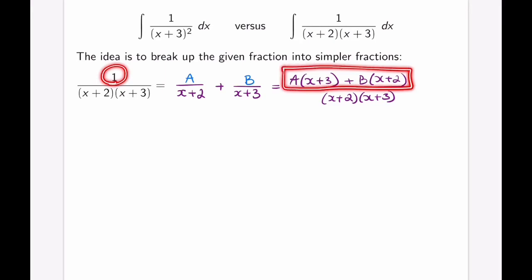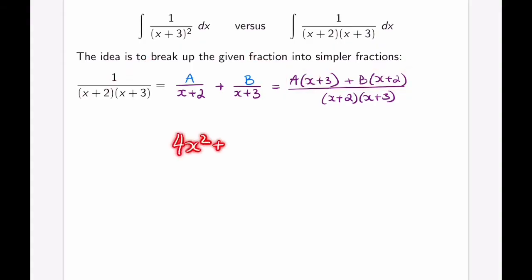And now the question really is, how do we generally compare polynomials? This is a polynomial of degree 0 because it's just a constant. This is a polynomial of degree 1 because I can see that x occurs to degree 1 throughout. How do we compare two polynomials and decide whether they're equal or not? For example, if you were comparing 4x squared plus 3x versus 4x squared plus 4x, would you say they're equal?